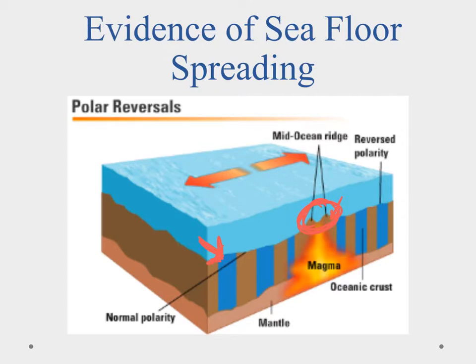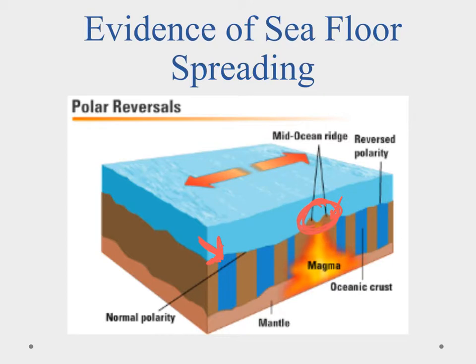Now, in this process, we discovered this paleomagnetism that you'll hear about. And what that tells us is we could look at the rocks, and some of our minerals, like hematite and magnetite, that are magnetic, lined up differently. And magnetite, which is actually magnetic, would show us that the polarity of the Earth had switched over time.